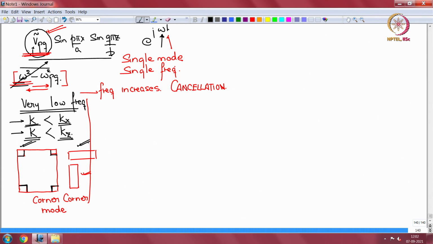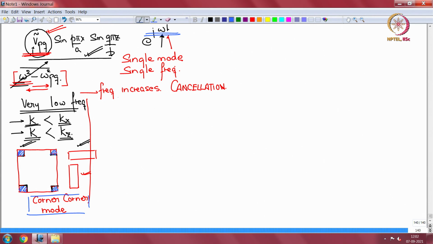So it's a poor radiator. The same mode remains the same, but due to the frequency of excitation it is now a corner mode, only the corners radiate. In the beginning we had seen a case where the entire panel is equivalent to one cell. This is that case. 4 quarters make one cell.